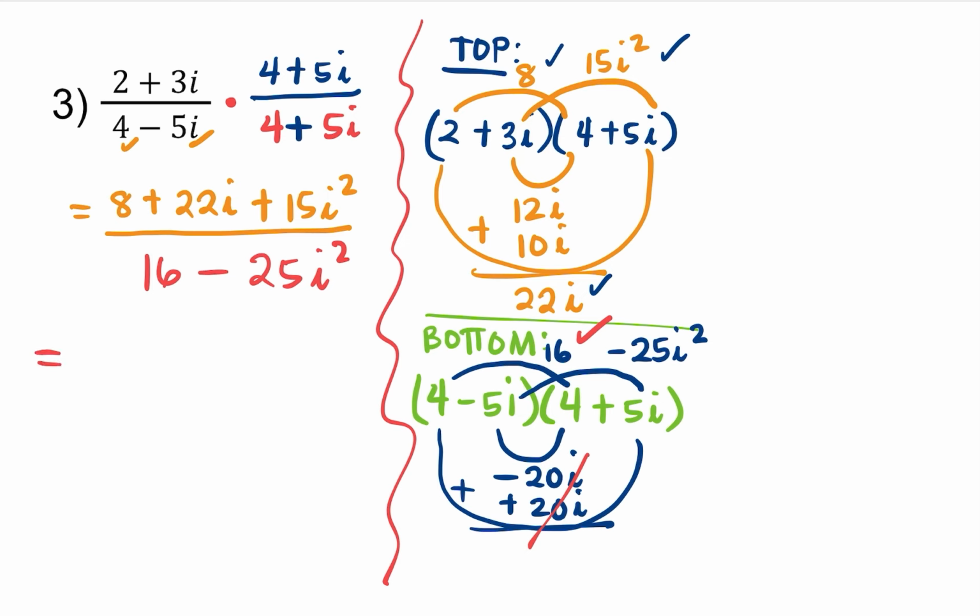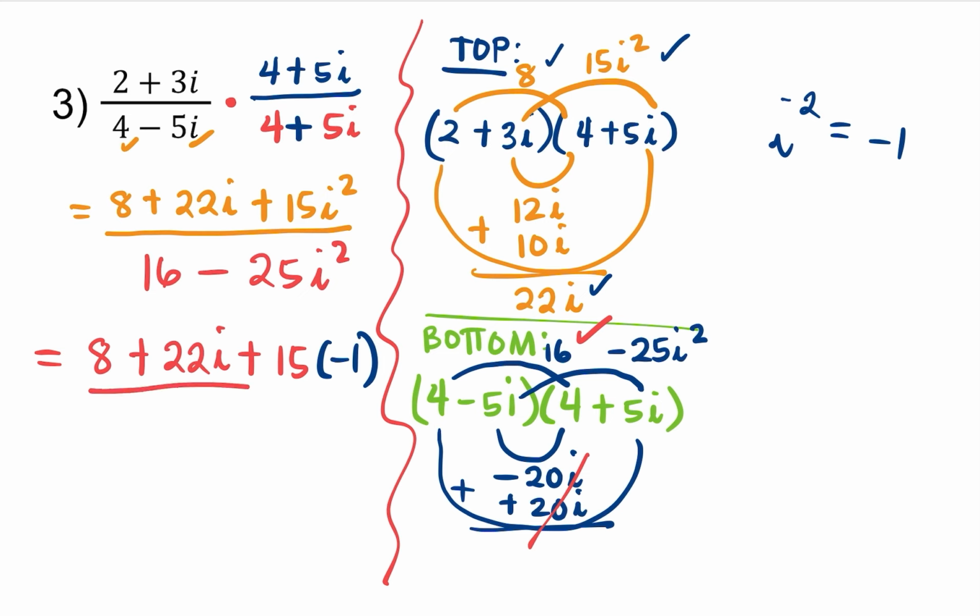So we are going to write 8 plus 22i and substitute i squared with negative 1, as well as in the denominator. So 16 minus 25 times negative 1.